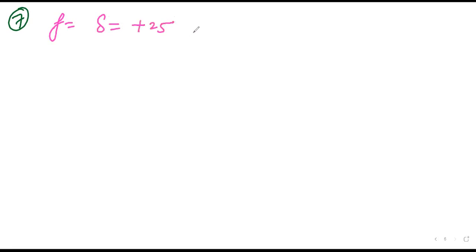At a point B on the Earth's surface, the angle of dip is minus 25 degrees. So this is called the angle of dip. What can we interpret from it?